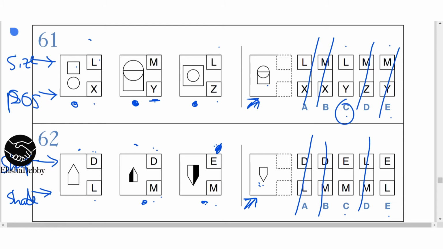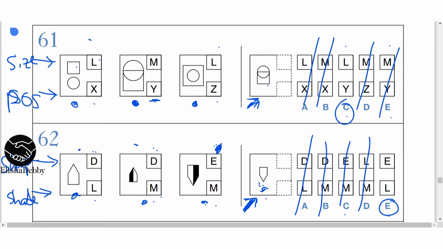So M is for shaded and not shaded, but we can see from our question that this is not shaded at all. That means it's going to be an L. So where do I have L at the bottom? It is E. I have L at the bottom here, so this is eliminated. And that goes to show that the answer is E.